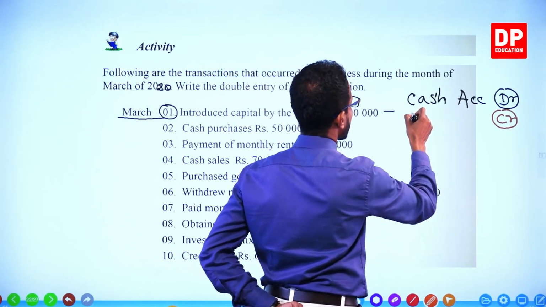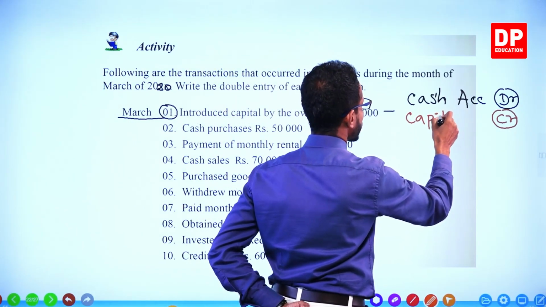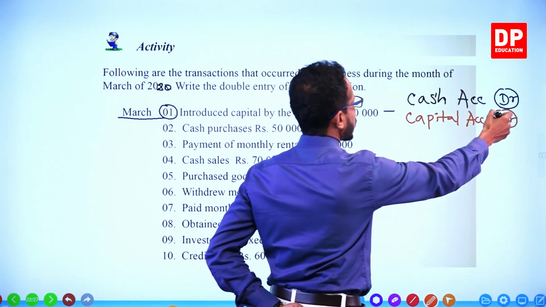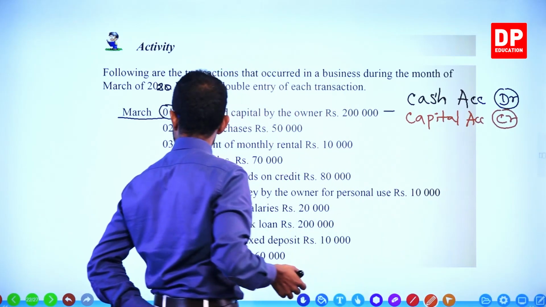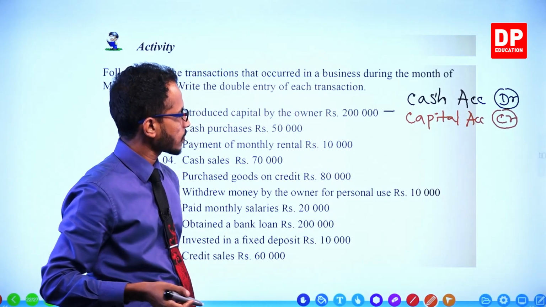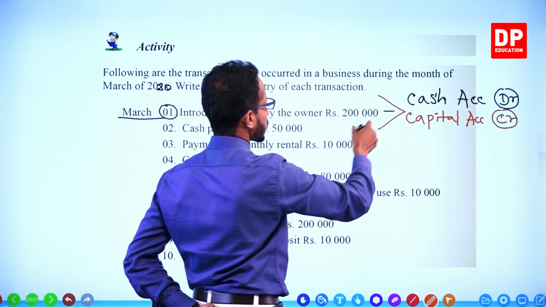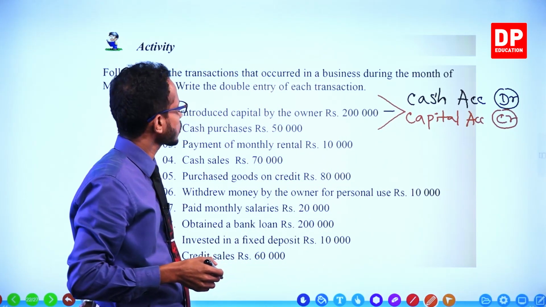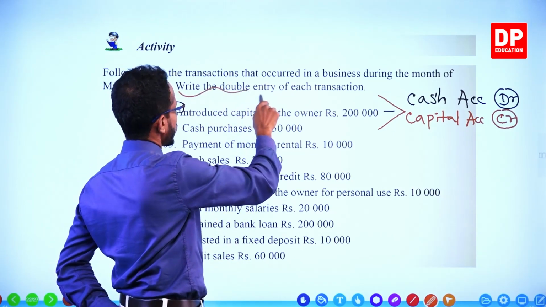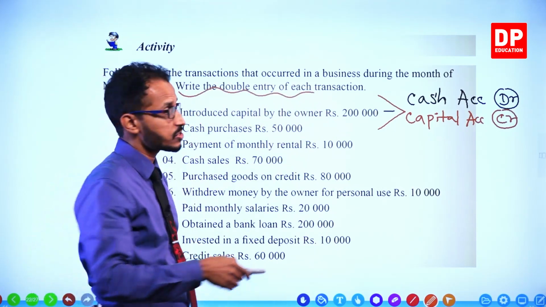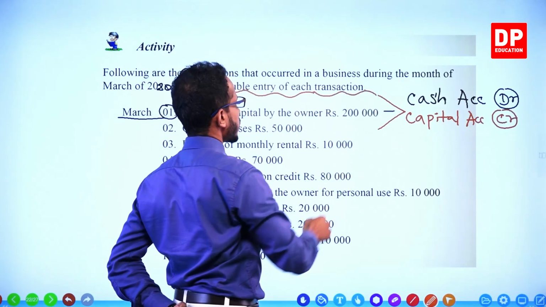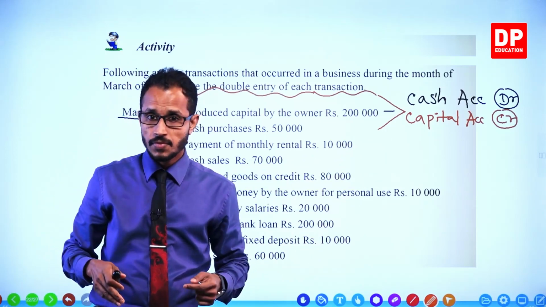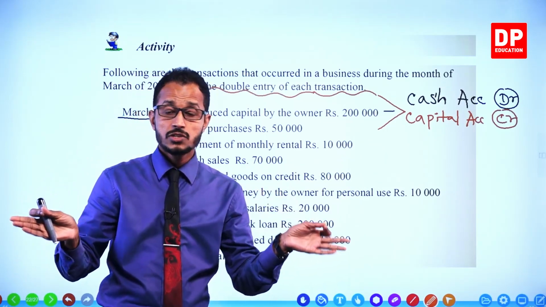That's right. Capital account should be credited. That is the double entry of this transaction. Since they have asked us to write the double entries of each transaction, we are going to write in words. But later, we are going to draw accounts and record.